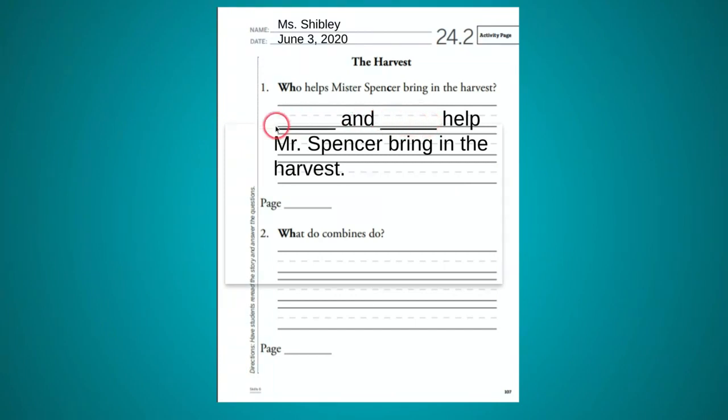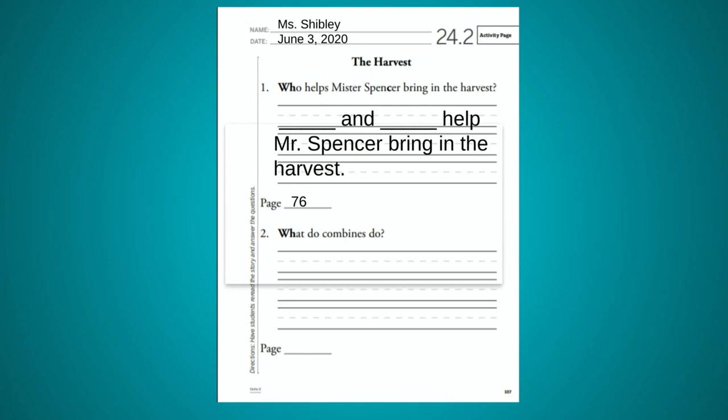So blank and blank help Mr. Spencer bring in the harvest. And if you don't remember who they were, you can rewind the video and go back to page 76. Don't forget to pause the video if you need more time to copy the answer.